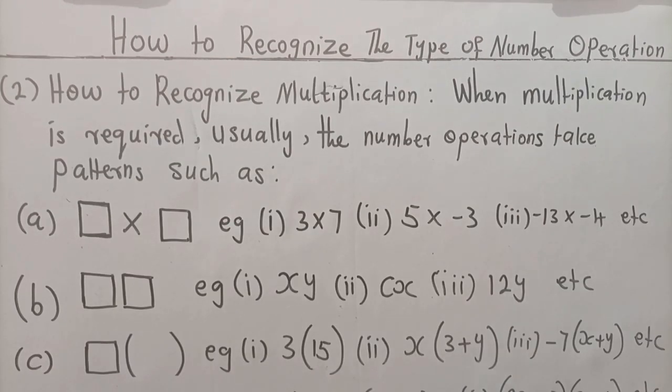Right? This is number 2, how to know that a particular number operation involves multiplication. It says, when multiplication is required, usually the number operations take patterns such as the following. It is not necessary to explain how to know whether what is required is multiplication or not without examples.